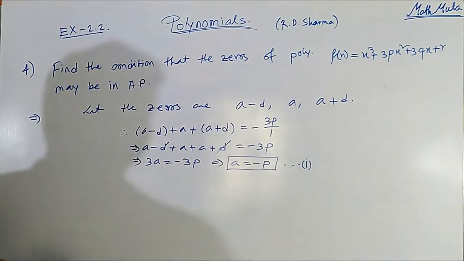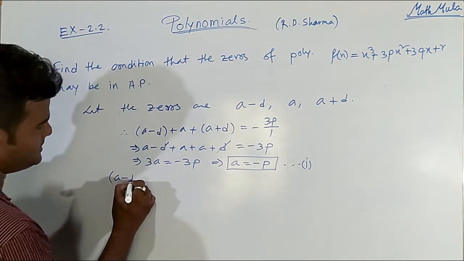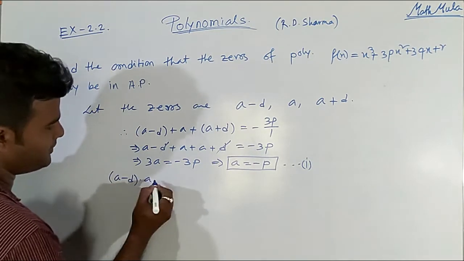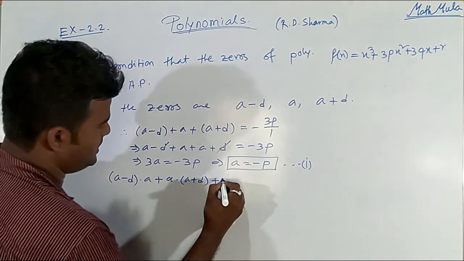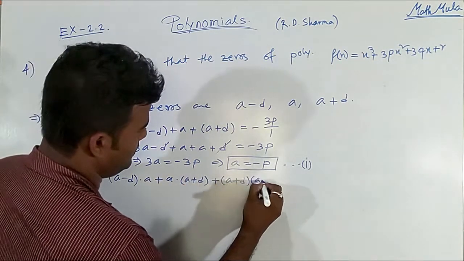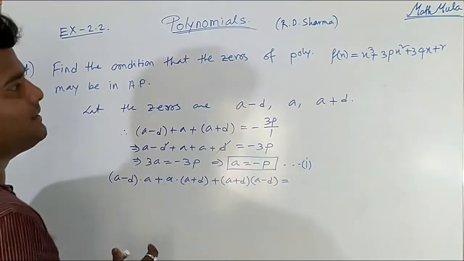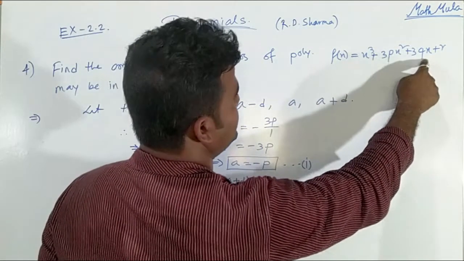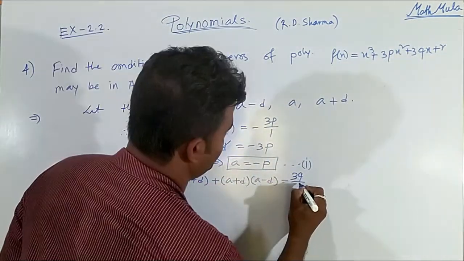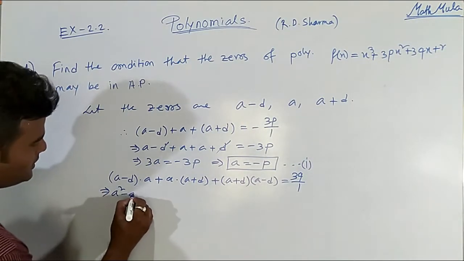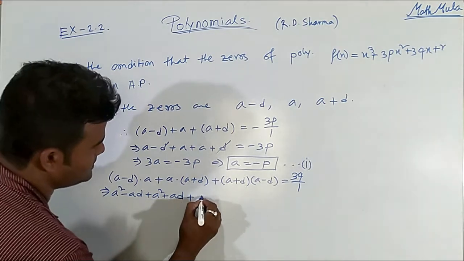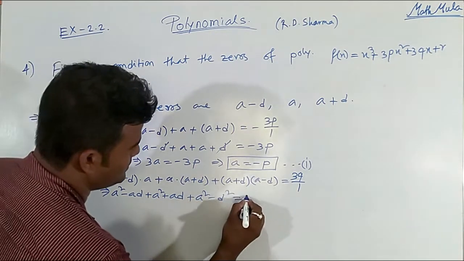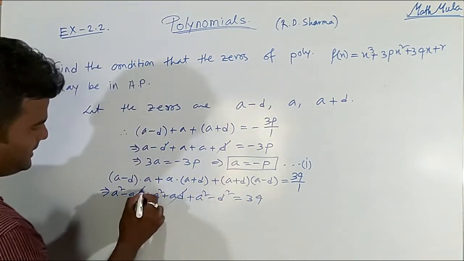Now from the second relation, alpha into beta plus beta into gamma plus gamma into alpha is equal to c by a, that is 3q by 1. Now we solve this. a square minus ad plus a square minus d square plus a square plus ad equals 3q. Now ad will cancel.